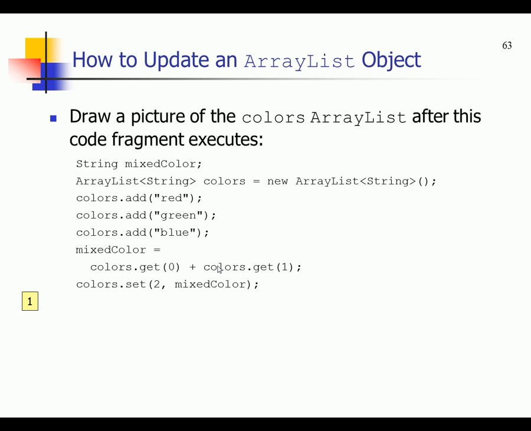Red, black, green, blue. Because at position 1, which is currently green, I'm going to put black. But what's currently at 1 and below gets shifted down by 1. So it just cut in line is what it did. Green would become 2, blue would become 3.